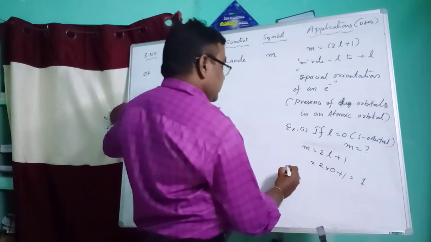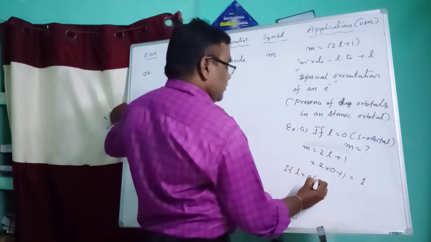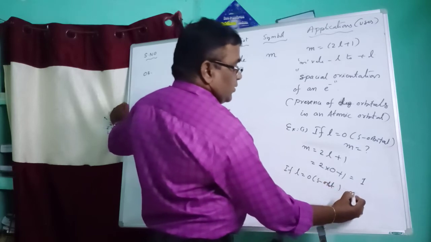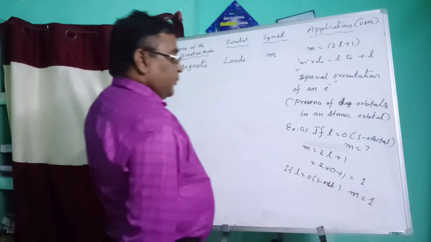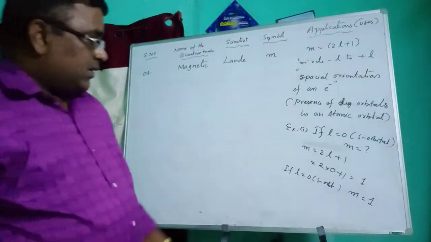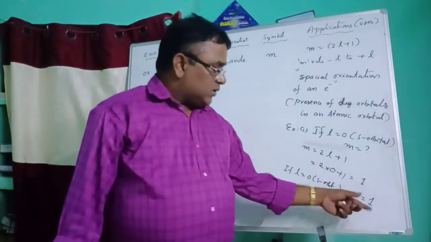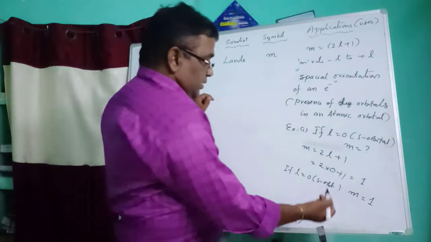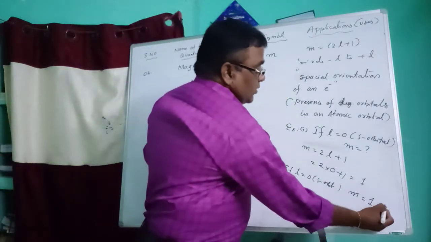So for s orbital, M is equal to 1. There is only one value, and that value is 0.